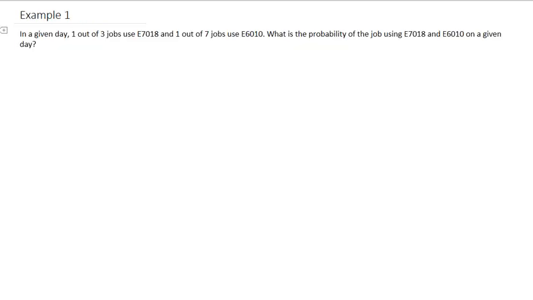So example 1. In a given day, 1 out of 3 jobs uses E7018, and 1 out of 7 jobs uses E6010. What is the probability of the job using E7018 and E6010 on a given day? So this "and" word is our key word.